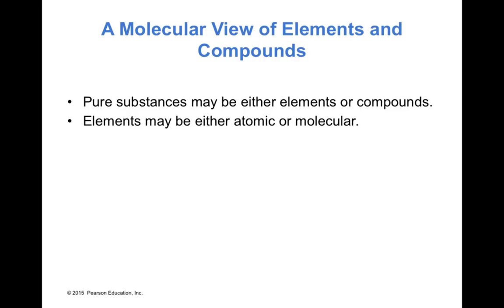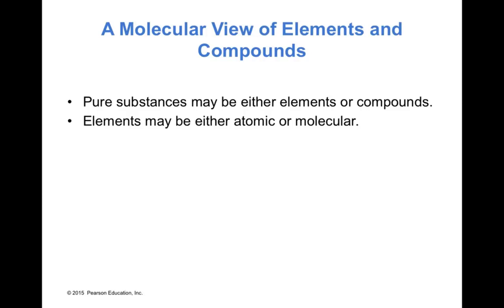Okay, so for example, in elements, both need to be the same. For most of the metals, it's going to be just one atom. So if we're talking about gold, it is Au. If we talk about platinum, it is Pt. Now, if we talk about an element, for example, oxygen, it is going to be O2, and that's a molecule. Even though we have two atoms of oxygen, the combination of those atoms produces the element of oxygen that is molecular, O2, because we have more than one atom.